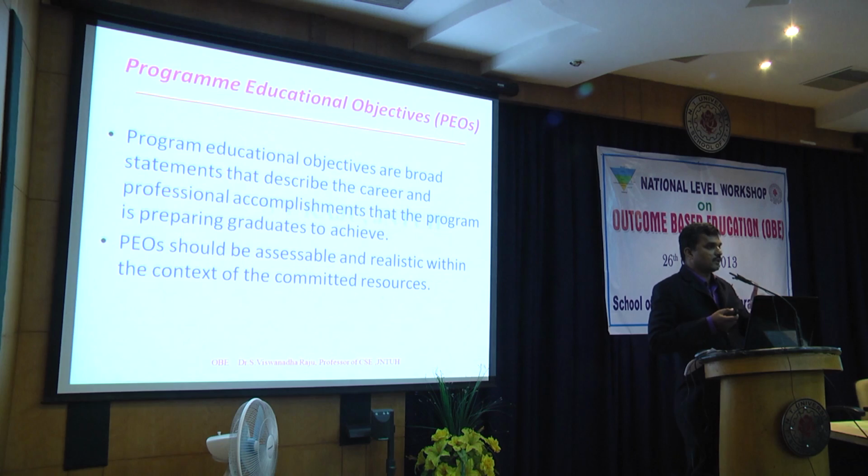This is the top-down approach. Then again I have to verify it by going back: course outcomes to program outcomes, to PEOs, PEOs to mission, mission to vision, whether I have achieved or not. This is the process of the OBE system. That means top-down and bottom-up approach.